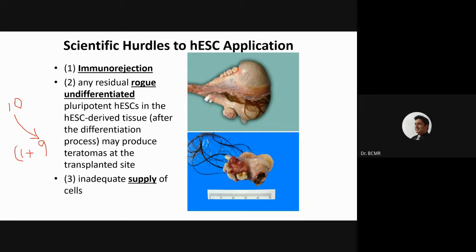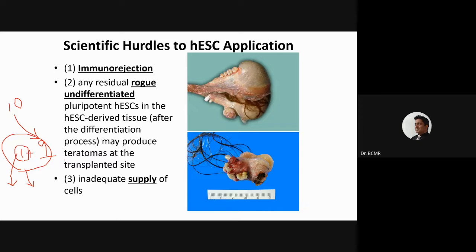These we refer to as rogue undifferentiated cells. The rest are differentiated. Now, if I put all 9 or 10 cells into the body, the 9 neuronal cells may contribute to the repair of the brain, whatever disease it is. But this one cell may cause a lot of problems.